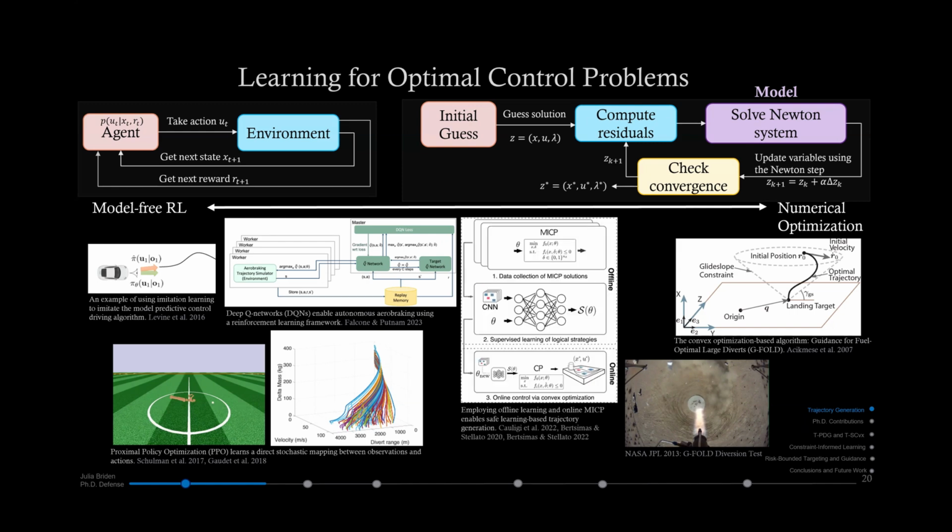And then we have methods that are closer to the middle. For example, if we have a mixed integer convex program, but it's really difficult to get the values for our mixed integer variables, then we can use, for example, a convolutional neural network to predict what those discrete variables will be, and then use that in the solution for our convex program, but still use that convex programming solver.